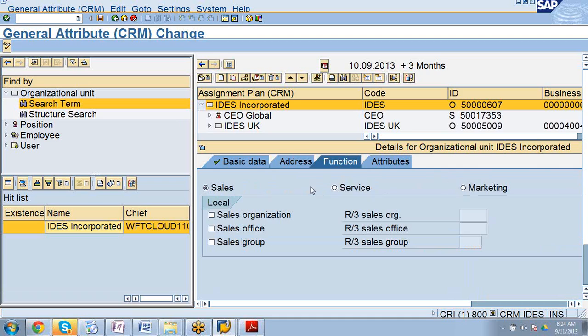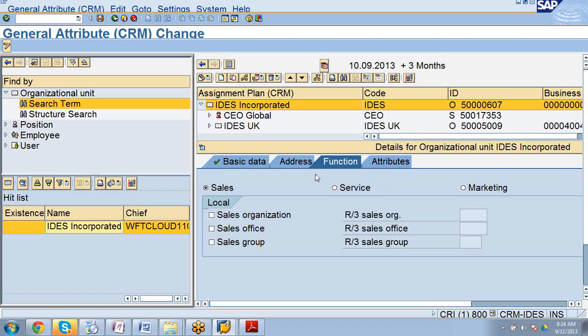Functions means sales, service, marketing. You take this. Basic data, address, functions, attributes. These four are part of the details of org units. Take this heading called details for org unit.